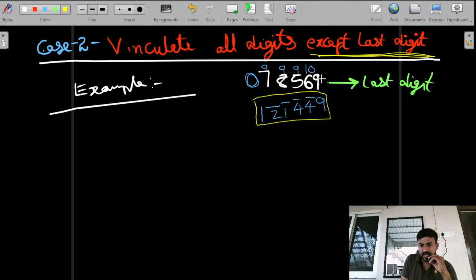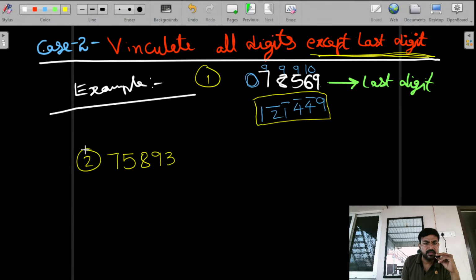So you have to leave the last digit as it is and vinculate the remaining digits. Is it clear, everyone? Fine. So vinculate this number. In the same case, this is example 1, this is example 2.